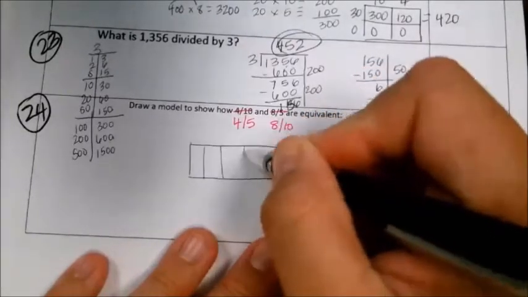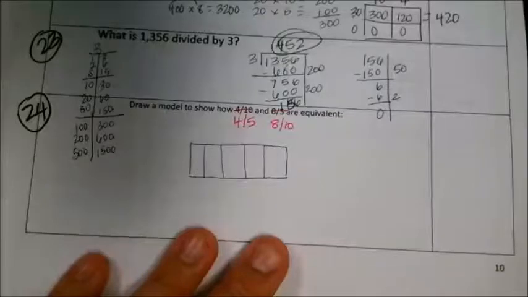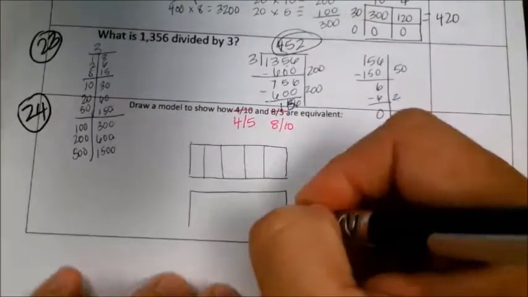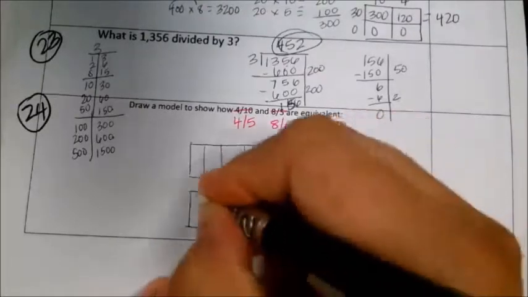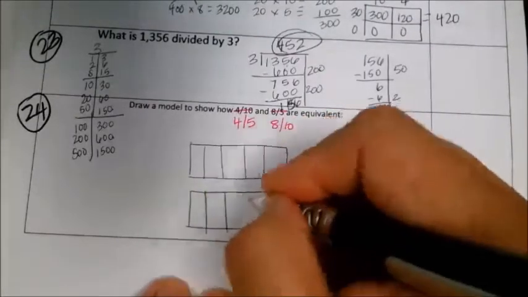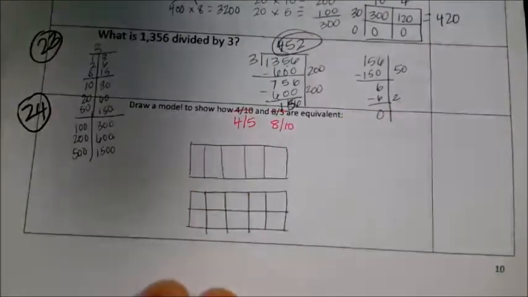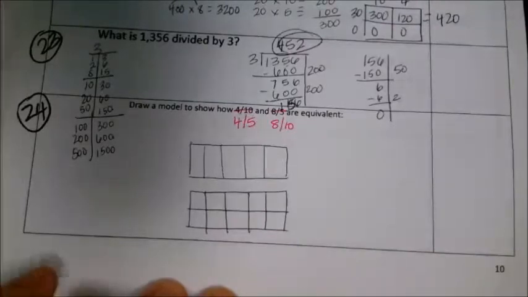So I'm going to make 4/5 first, and I draw a rectangle separated into 5 pieces. I'm going to draw another rectangle. I'm going to separate it into the same 5 pieces. Then I'm going to go like this in half, and that gives me 10.